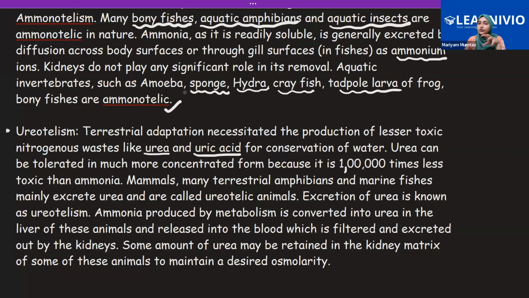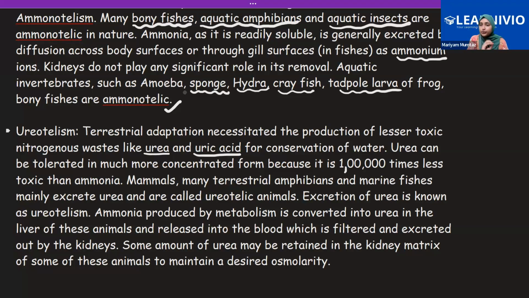And always remember that urine is formed as a result of filtration of the blood or removal of waste from the blood. So since they have less water, from day 1 to day 2, they don't urinate. In that case, the urea is already present in the body, but it is not harming us. Harm will begin when it will not get excreted at all. So that is why it is tolerable.